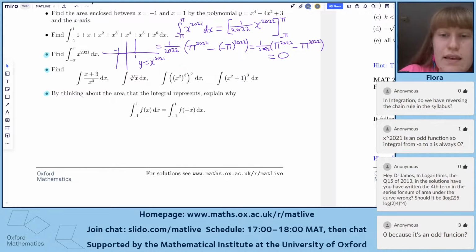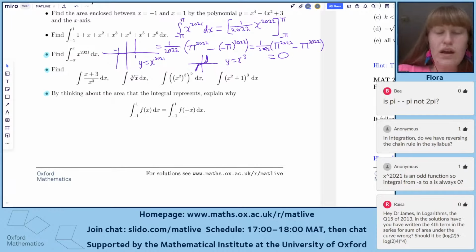It's basically like the graph of y equals x cubed, but squished and squished and squished until it makes an almost squarey shape. But anyway, all graphs of odd powers look something like this.